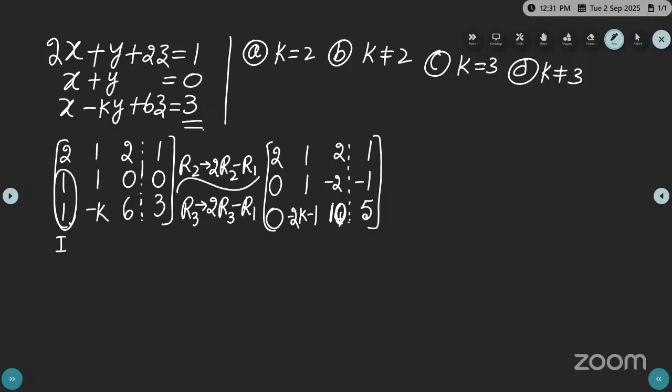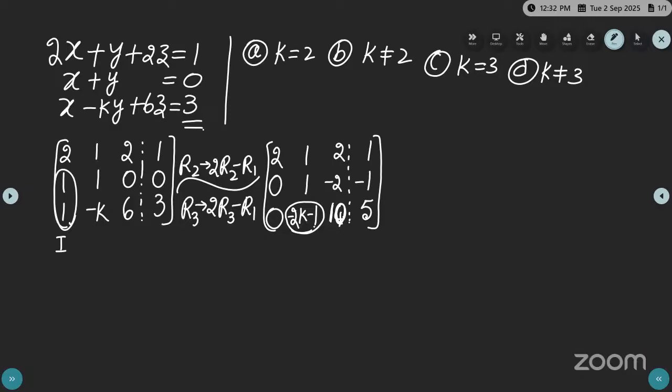In the next step, what is the question given? It is consistent or inconsistent? Consistent. If it is consistent, the rank of the coefficient matrix must match.